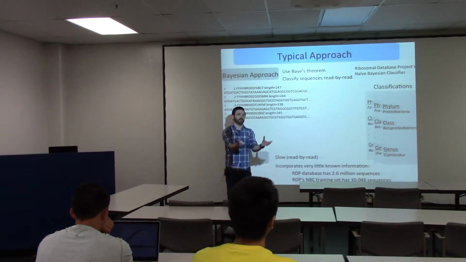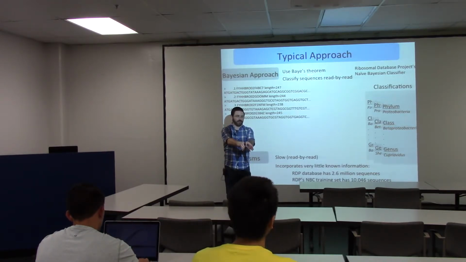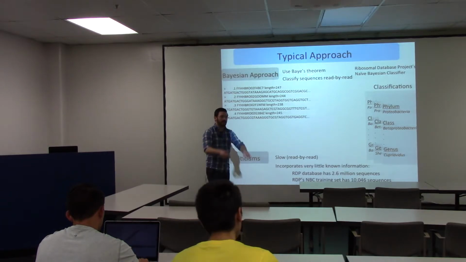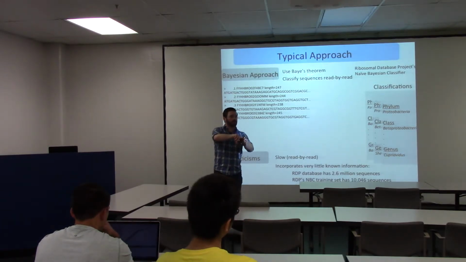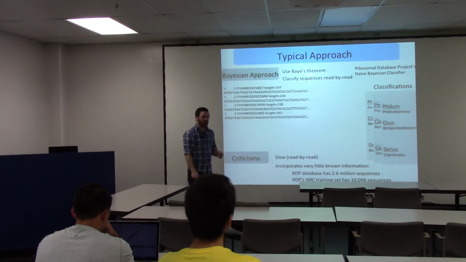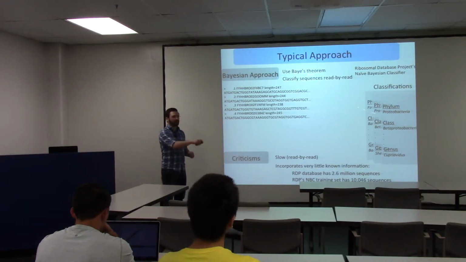For instance, over the tree of life, they want to do some sort of uniform sampling over different bacteria so that one particular clade is not overrepresented. They also don't want to pick sequences that are too closely related to each other, because that's just going to confound your classifier. And they also want to minimize the number of sequences you're using to speed up this method.